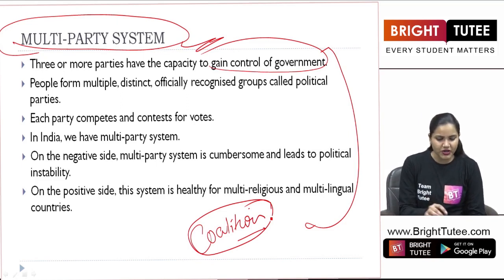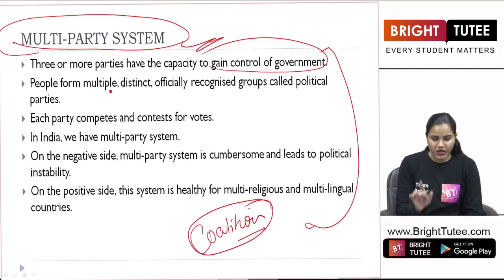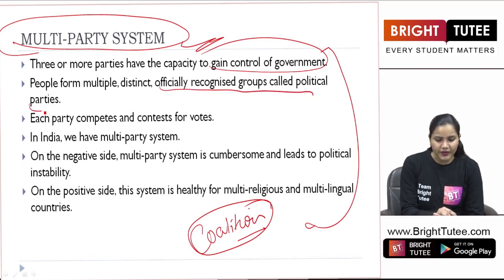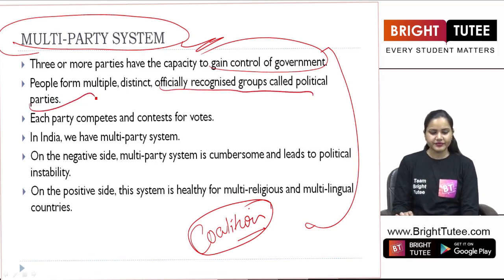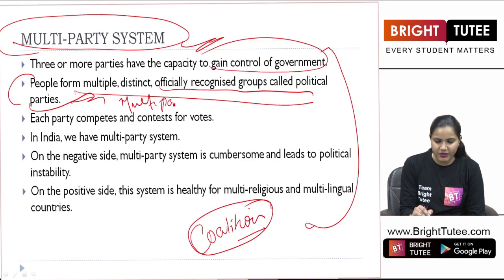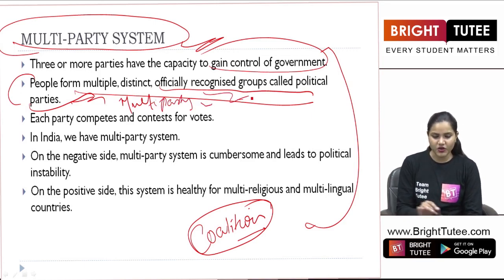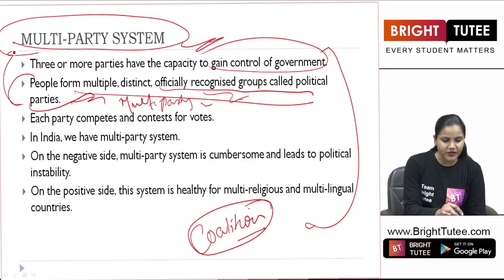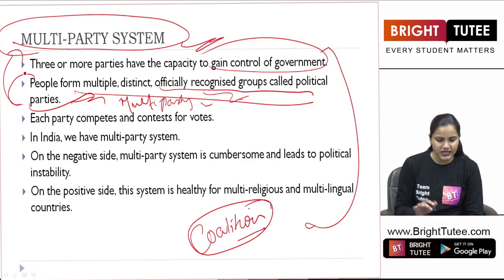To form the majority. So people form multiple, distinct, officially recognized groups called political parties, right? So in multi-party system, people are forming multiple distinct and officially recognized parties called political parties, and they form this multi-party system.